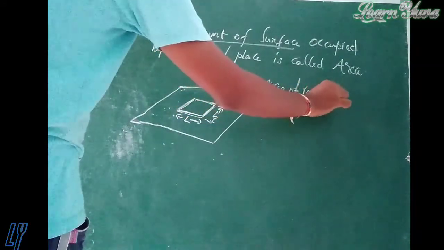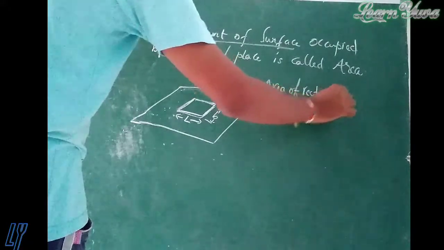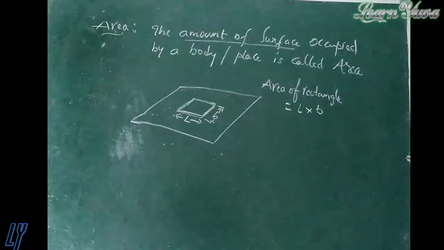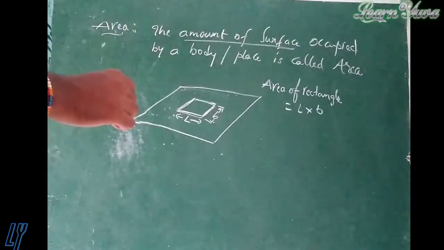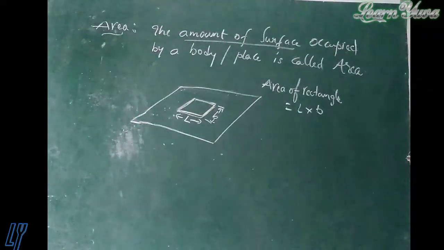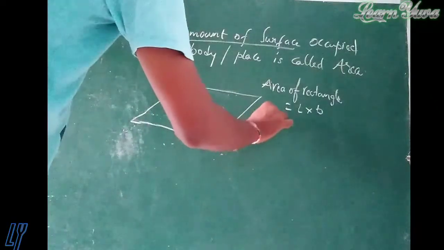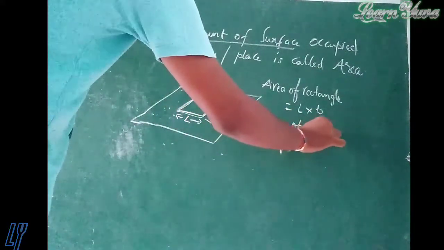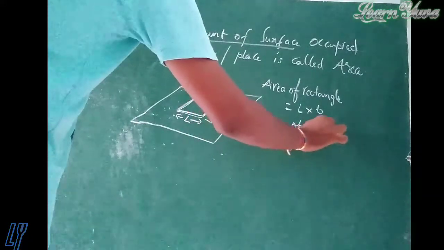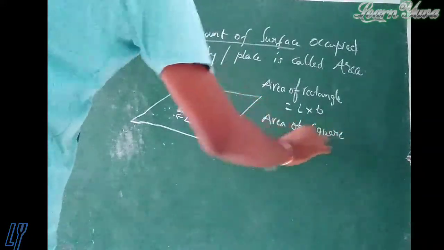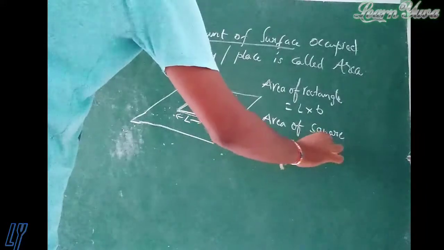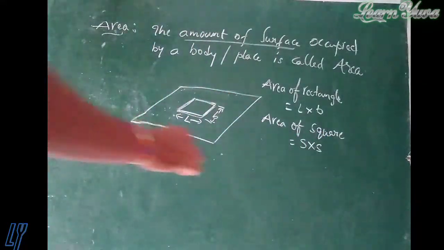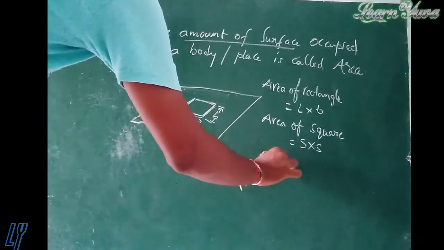Area of a rectangle formula: length into breadth. Next, area of square: side into side.